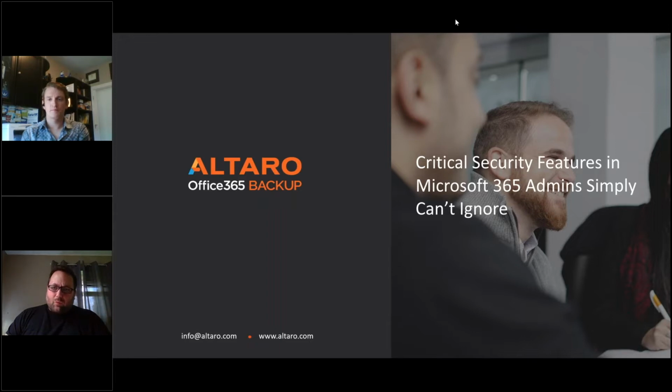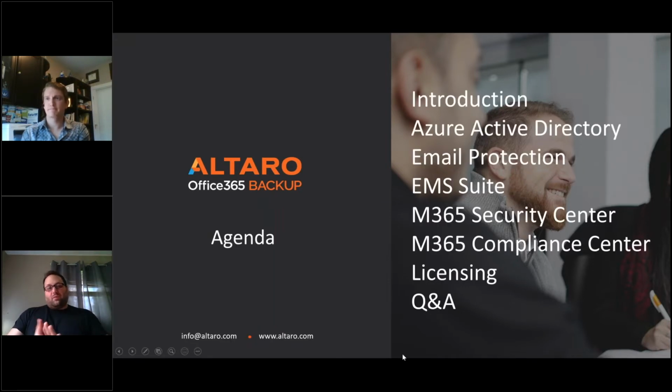So with that, I think we'll go ahead and get to the agenda. Again, like I said, we've got a lot to cover in a 40 or 45 minute time span here. I want to leave some room for questions at the end.